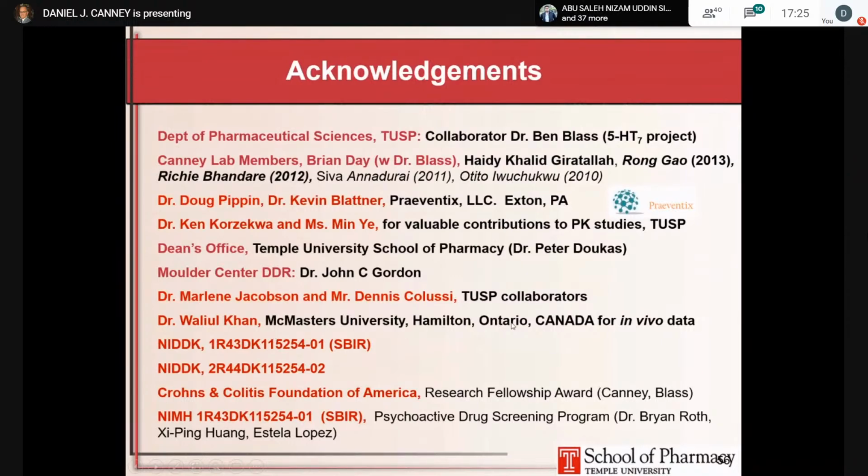Wally Khan was the guy who first reported that 5-HT7 might be useful in IBD, and we followed up on that work. We actually collaborated with Dr. Khan. We just finished a 3-year grant with the Crohn's and Colitis Foundation, and then some, which I mentioned down here, and then some of the other support that we've received over the years.